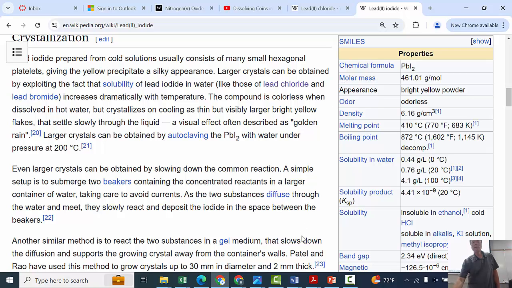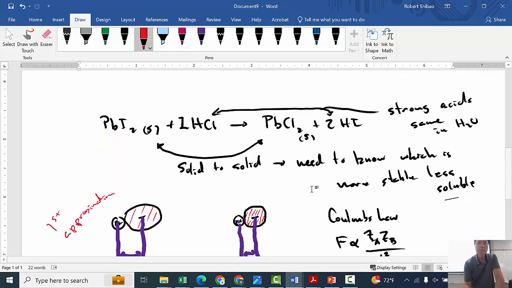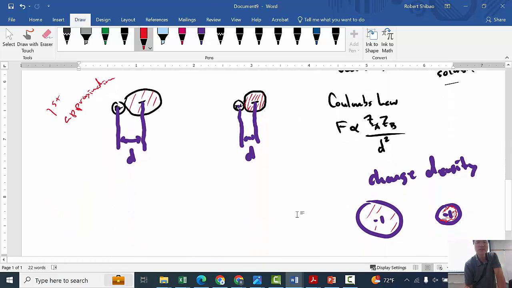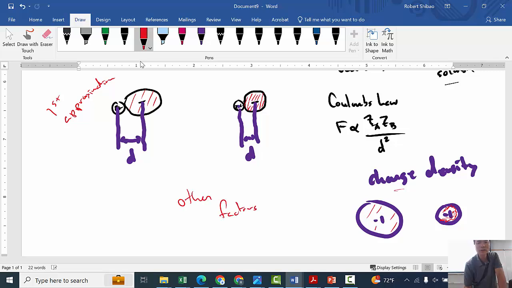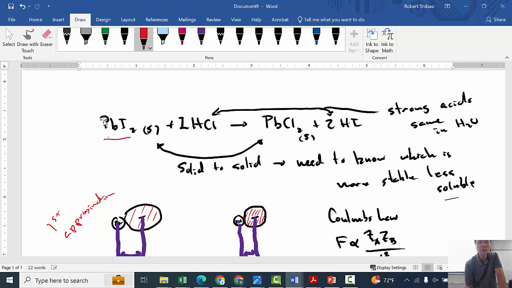So what happened there was this: PbI2 is more stable. This first approximation works if the bonding is closer to 100% ionic, and then we ignore the other factors. There are other factors involved that we'll talk about in chapter 14, but I'll skip them for now. PbI2 has a solubility of 0.076 grams per 100 milliliters, and this had 0.99 grams per 100 milliliters.